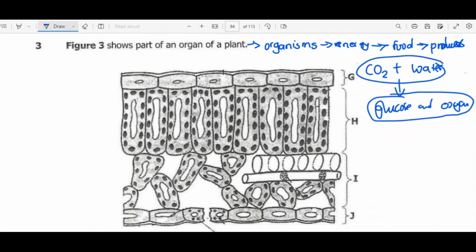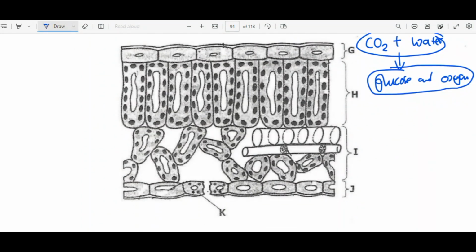Now if you look at this structure, we have the arrangement of cells. If you look at the arrangement of cells in region I, they are arranged for a certain purpose, especially for diffusion of carbon dioxide and oxygen. So carbon dioxide, since it's a requirement, is needed.